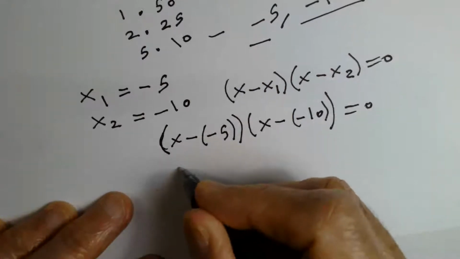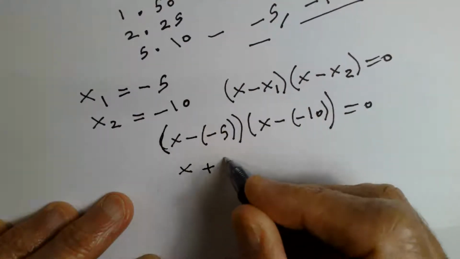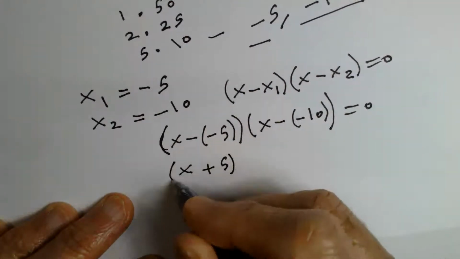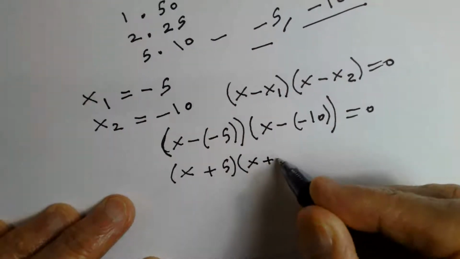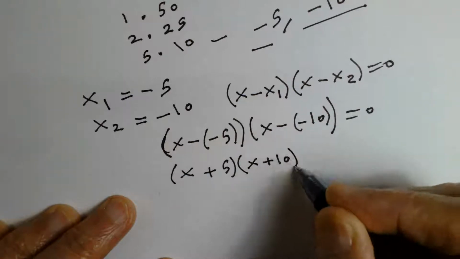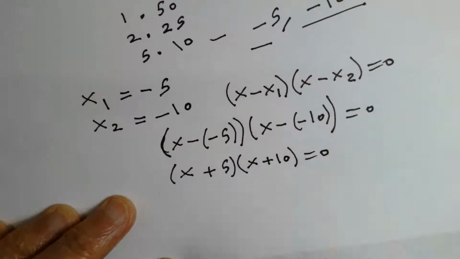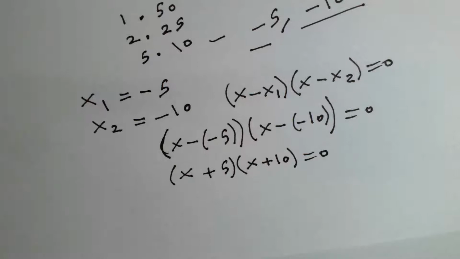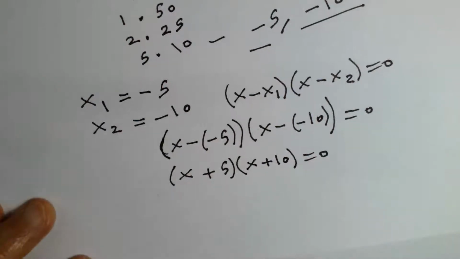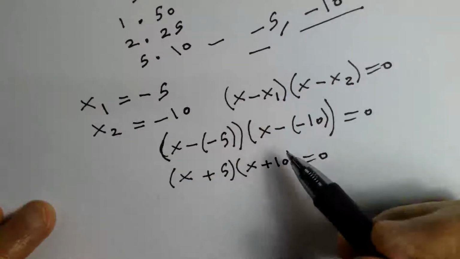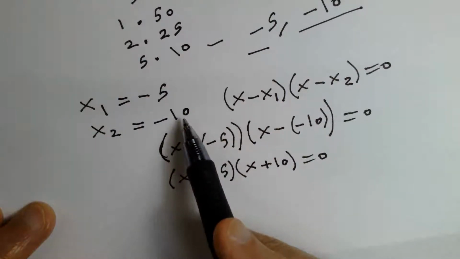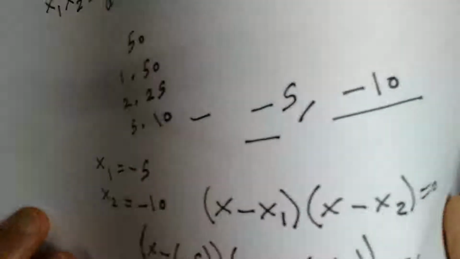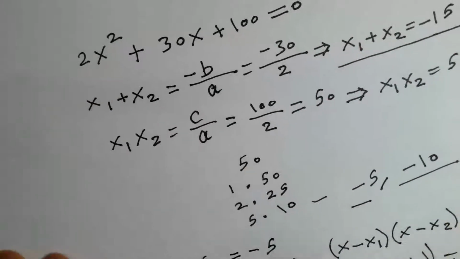It means x plus 5 into x plus 10 is equal to 0. Now, our roots, one of them is minus 5, one of them is minus 10. Let's put these numbers in our original equation and see if it works.